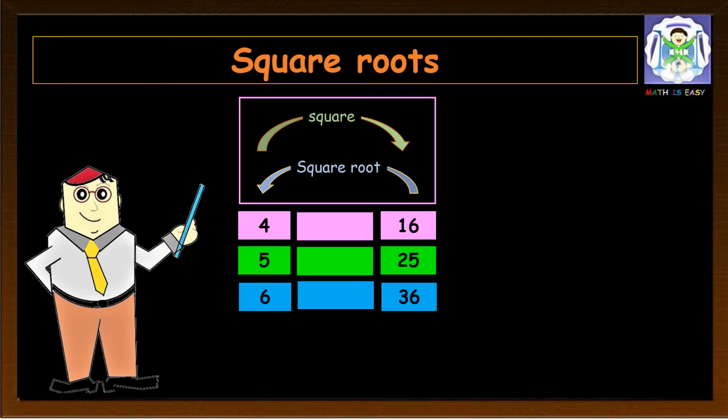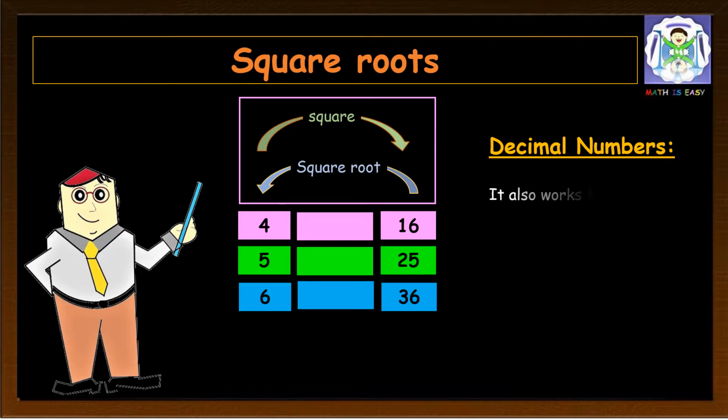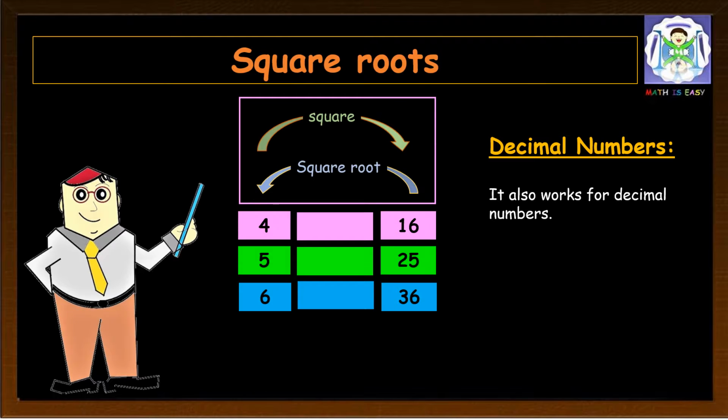One more thing: this square and square root concept works not only for integers, it also works for decimal numbers. Just for fun, tell me, do you know about the square root day?